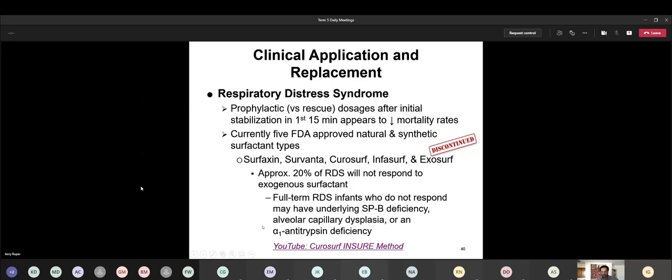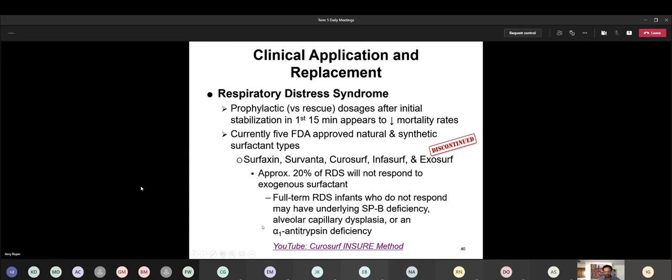Now, no matter what you choose, whether you choose Curosurf or Infasurf, Surfactant, it's not guaranteed to work. You just have to wait and see what happens. And if they don't really respond, then you've got to be thinking there's probably a problem. There's probably an issue with the surfactant's proteins. So like that SP-B protein, for instance, that's something they have to look very carefully into and say, let's check to see if we have enough SP-B proteins in this surfactant.